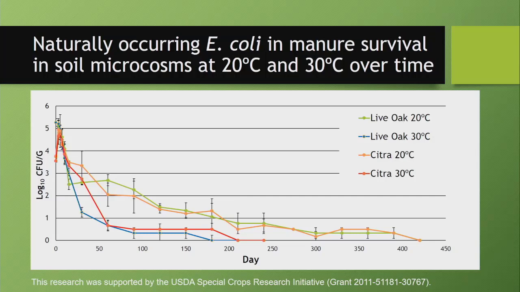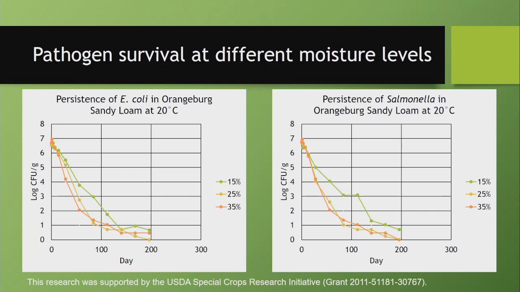Now at low levels, and the thing Keith keeps putting on his slides throughout is low levels may not be clinically significant, but it is interesting to see that we still are getting this survival out here. As you can also see with this, by about day 50, we're getting this significant reduction, and we're really not reaching that point until closer to day 180, 190 for the lower temperature.